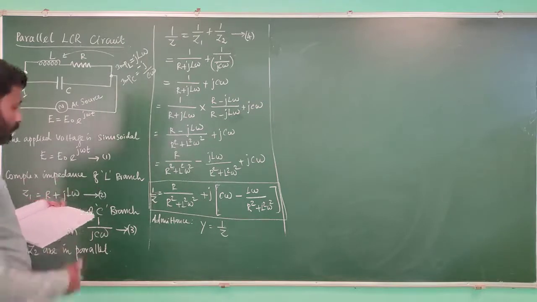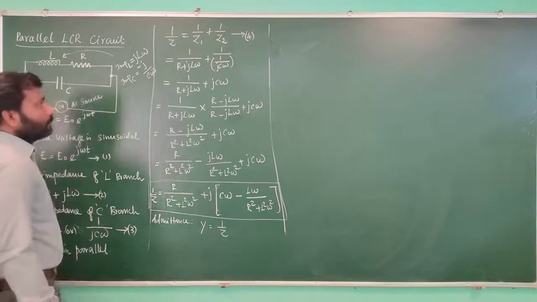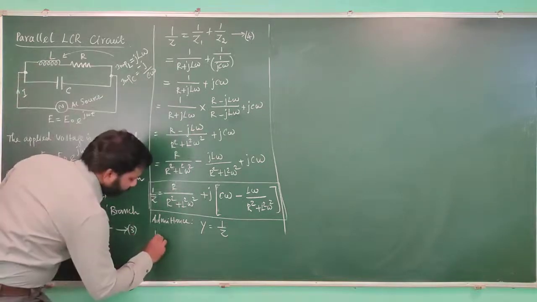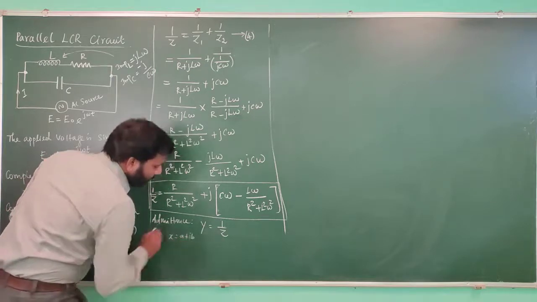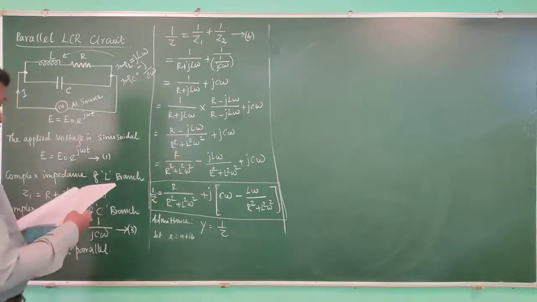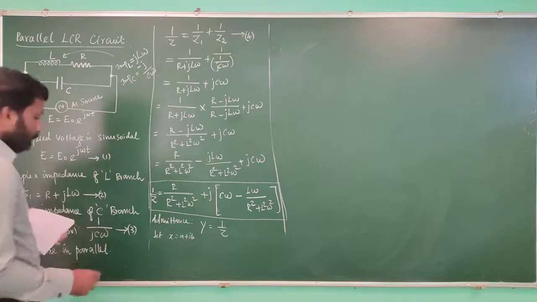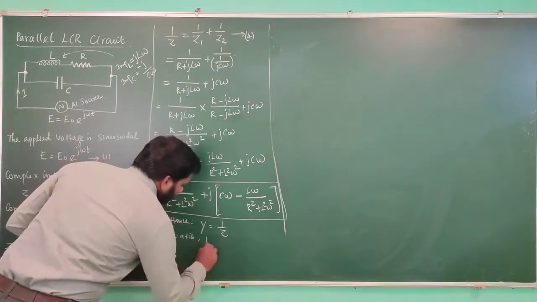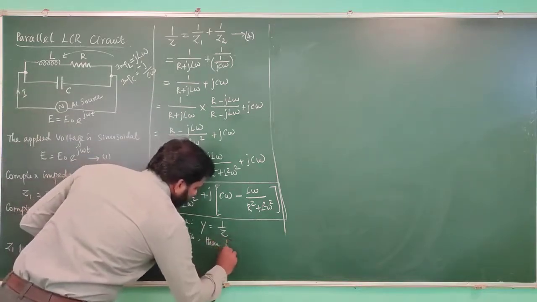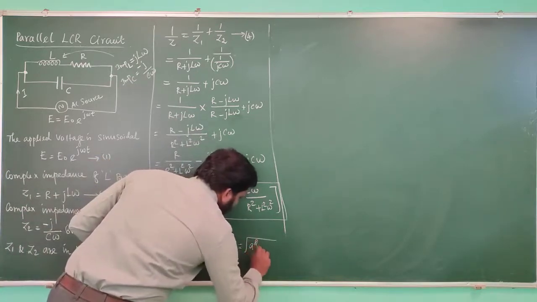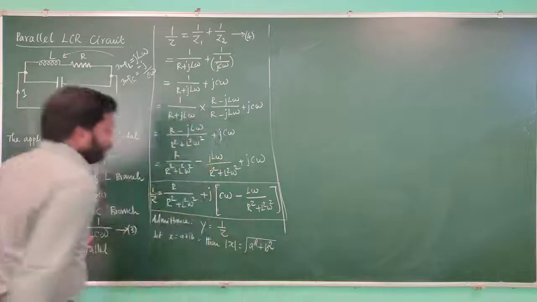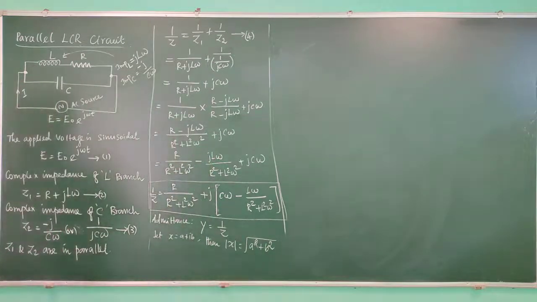Now, before proceeding, let x be equal to a plus ib. Then, if we write the mod of x, what will you get? Square root of a square plus b square.